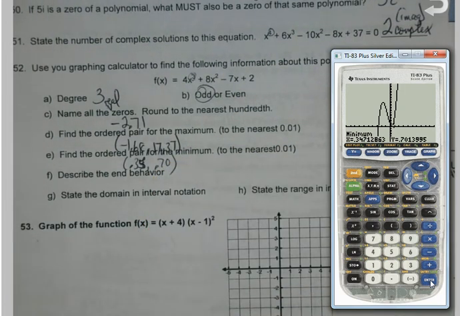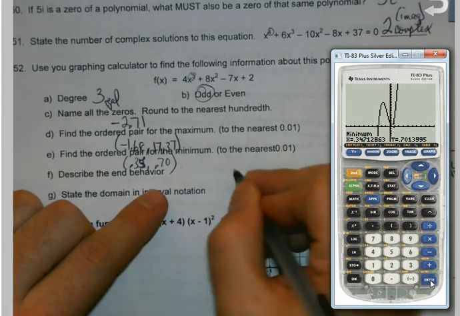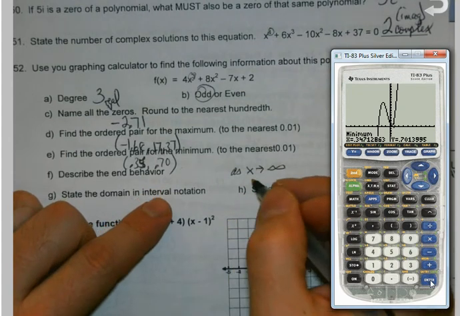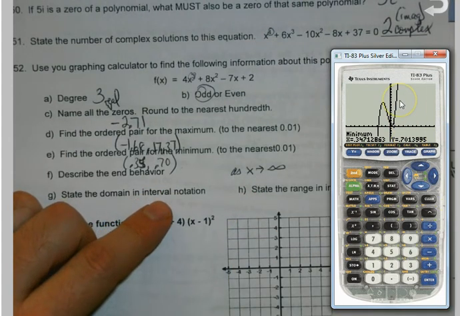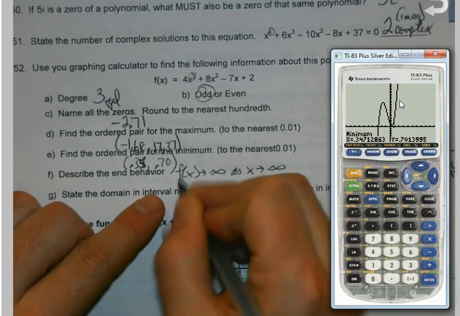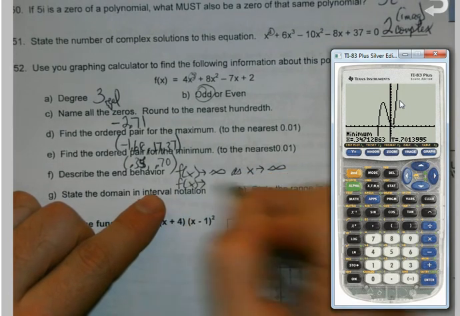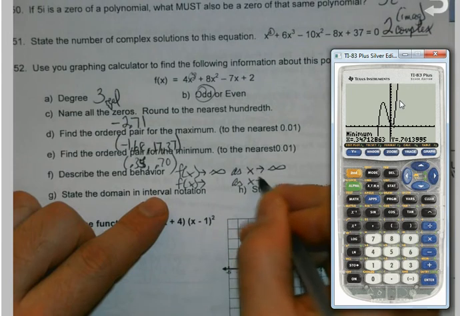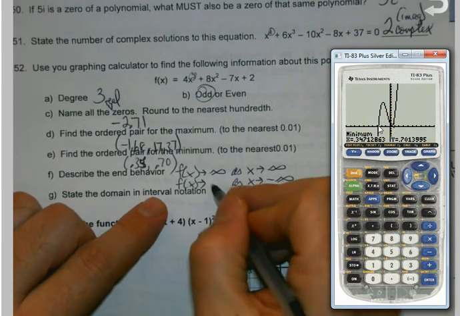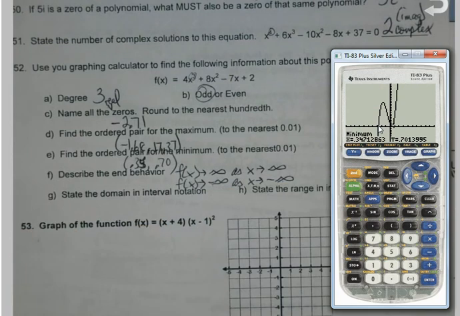Okay. End behavior. As x is approaching infinity, as x is moving to the right, what's happening to y? It's going up. As x is approaching negative infinity or going to the left, what's happening? Y is going down.